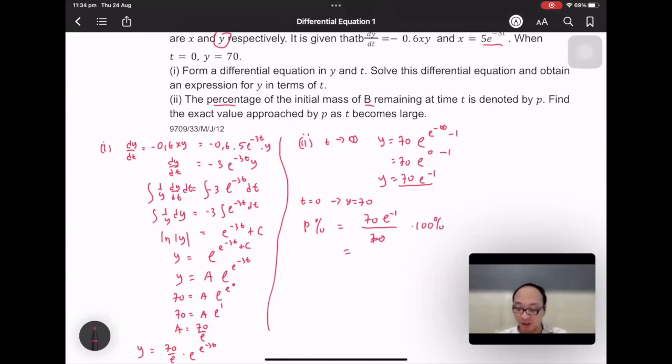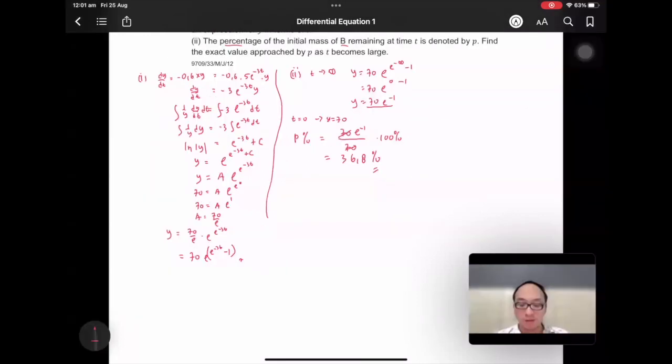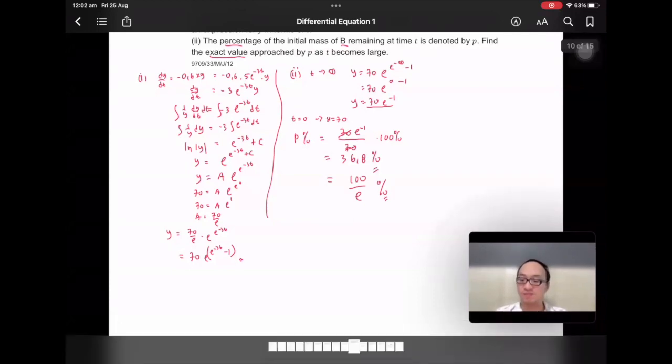So this equals 100% divided by e, about 36.8%. Since it is looking for the exact value, we have to answer in the exact form. It's 100 over e percent. That's it.